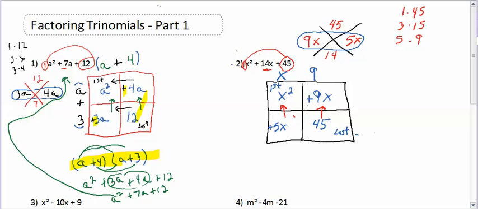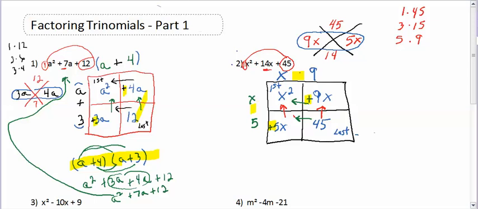Now we're going to go in this direction. What do these two have in common? They have an x. What do these two have in common? They just have a 5. And remember, this sign determines what goes in there, and this sign determines what goes in there.